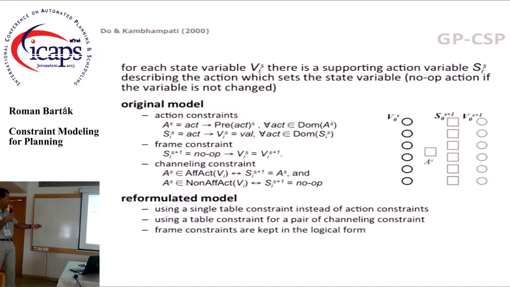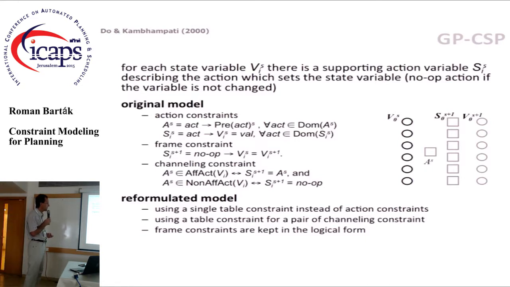And I think we kept the frame constraint in the logical form because there was not a lot of reason to describe it as a table. It was included as a logical constraint, meaning we did not reformulate it into the table.